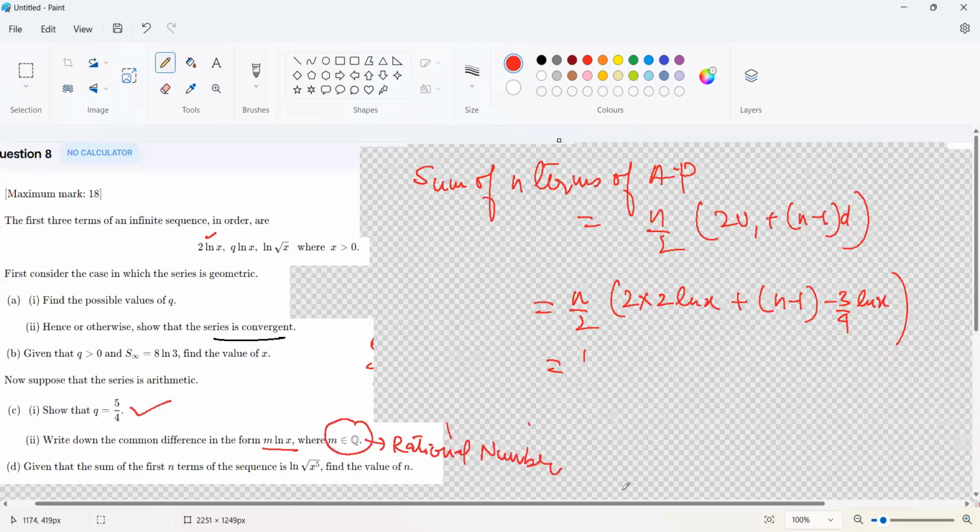Simplify this, it will be n by 2, 4 ln x minus 3 upon 4 times n minus 1 ln x.